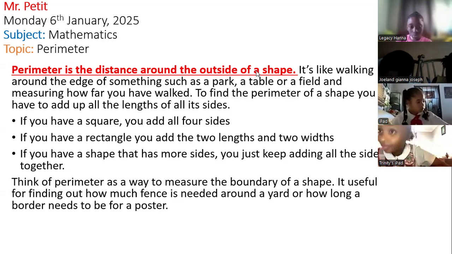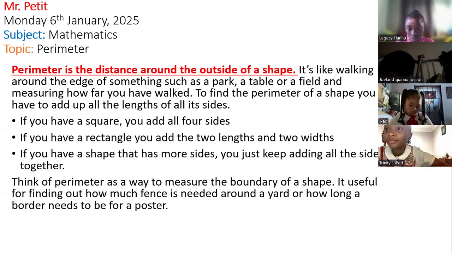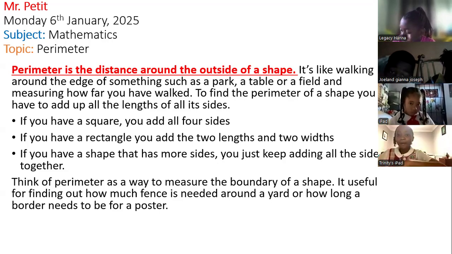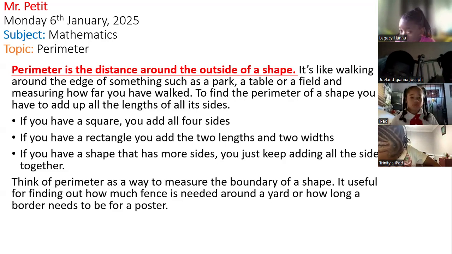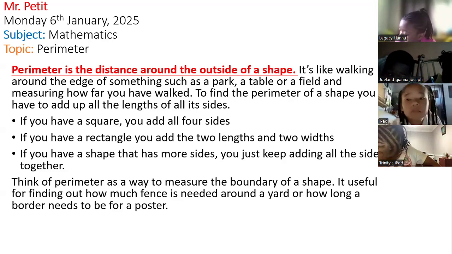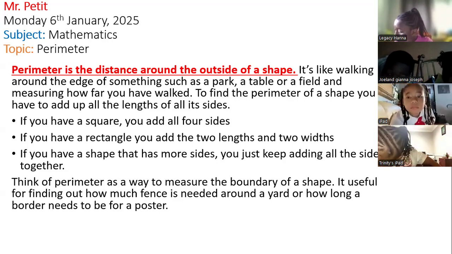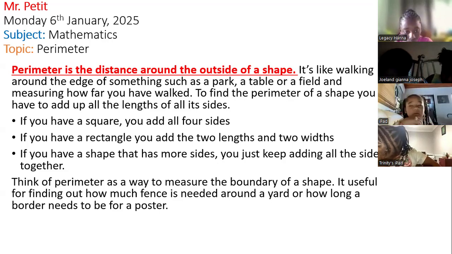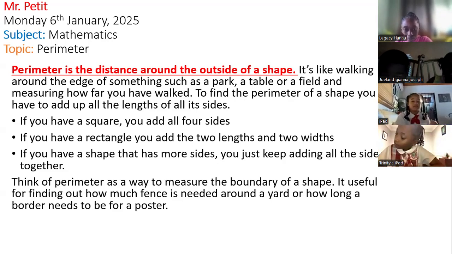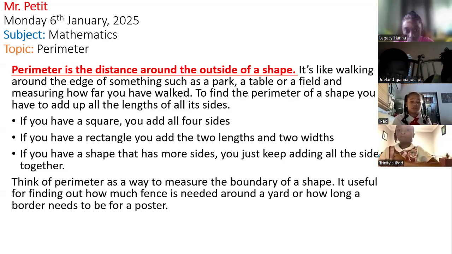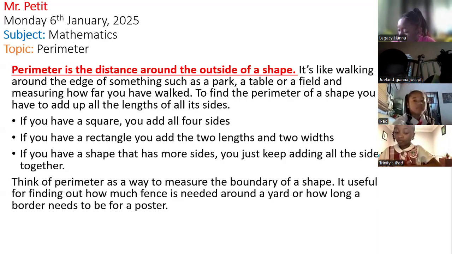Very good. And Madeline, how do we find out the perimeter? What do we have to do? To find the perimeter, we have to add up all the lengths. Very good. So we have to add up all the side lengths.